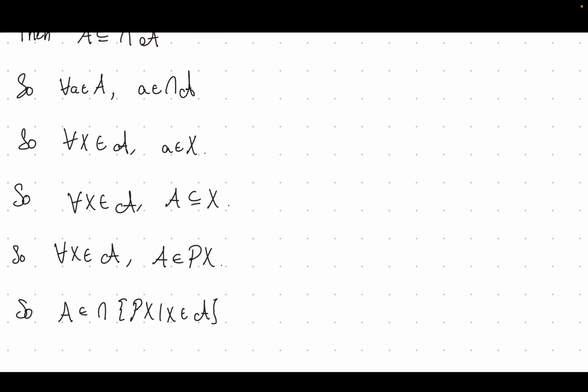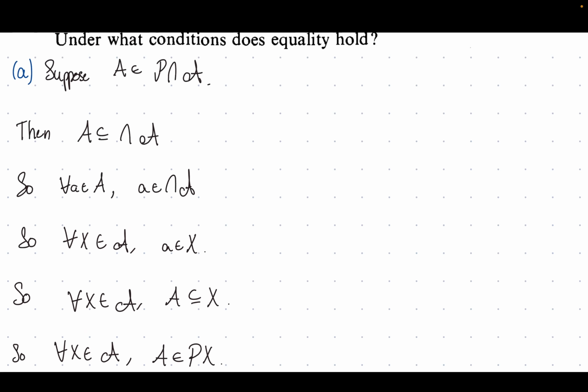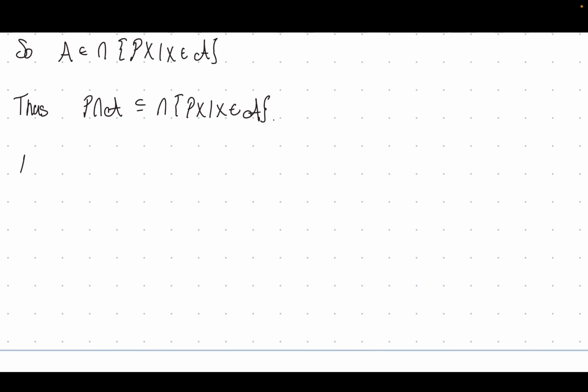Yeah, because big A is in every element contained within this set, so yes, it has to be in the intersection. And thus the power set of the intersection of script A is a subset of the intersection of P(X) such that X is in script A.